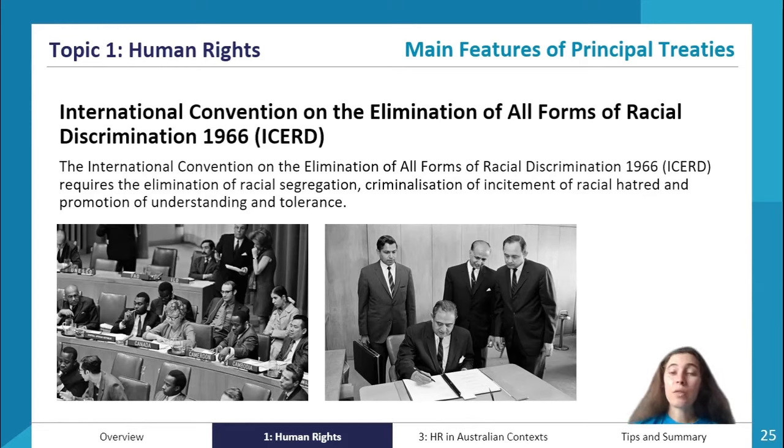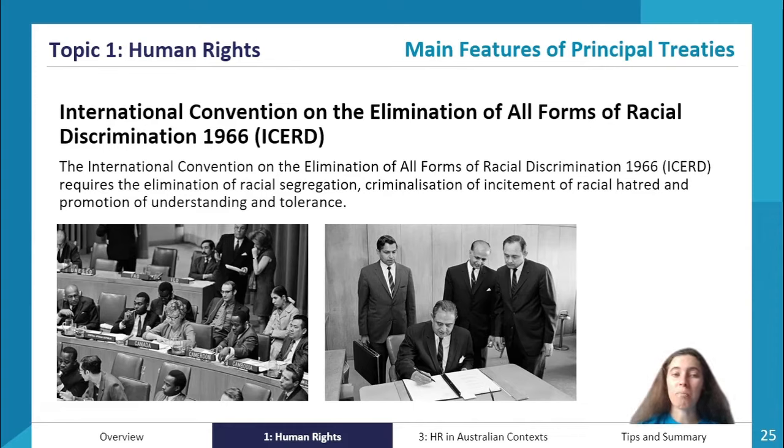The International Convention on the Elimination of All Forms of Racial Discrimination. This was from 1966, and it requires an end to racial segregation, criminalization of incitement of racial hatred, and promotes understanding and tolerance.